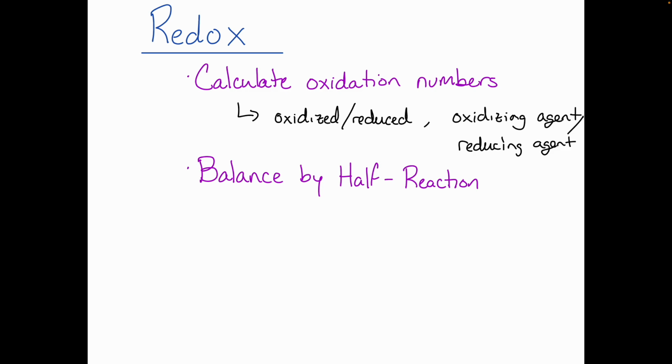All right, this has this crucial step that was new of charge balancing. It's kind of the whole shtick of balancing by half reaction is you can keep track of the electrons being exchanged by adding in this charge balancing step.